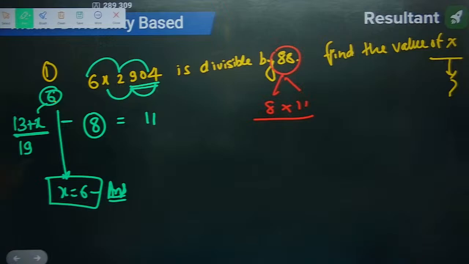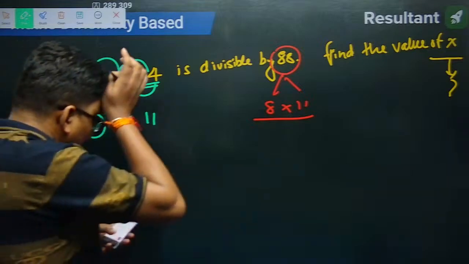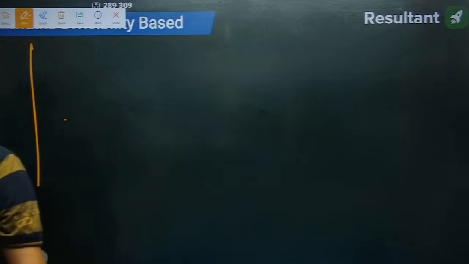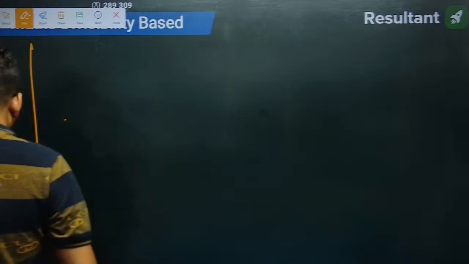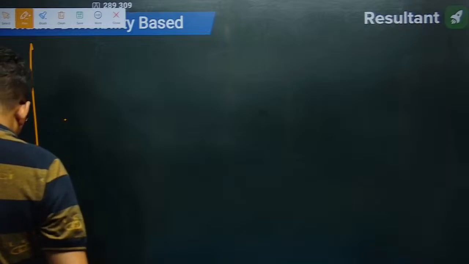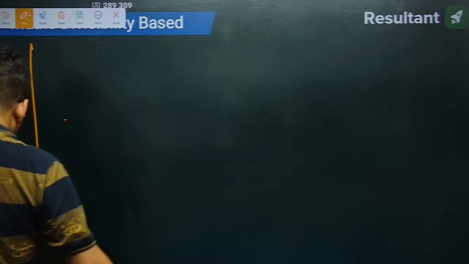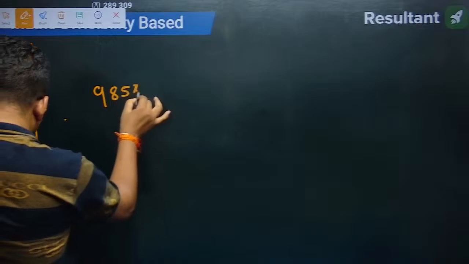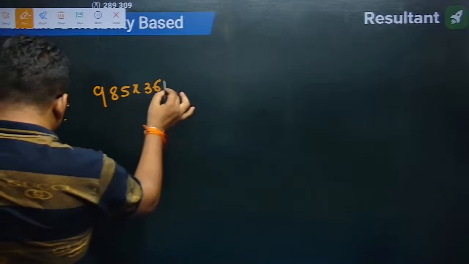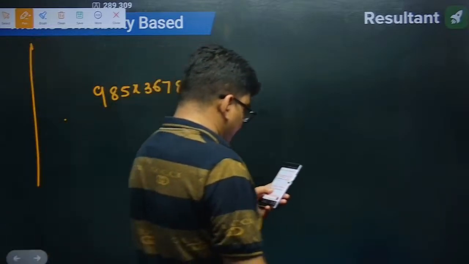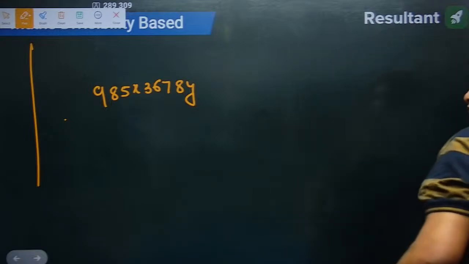Come to another question of this topic. Now write another question on the same pattern. 985x3678y is a 9-digit number divisible by 72.